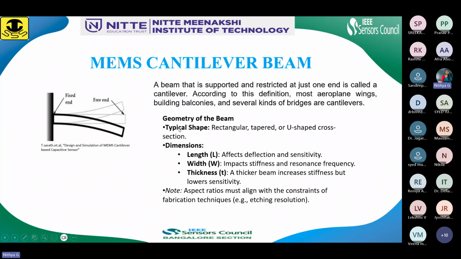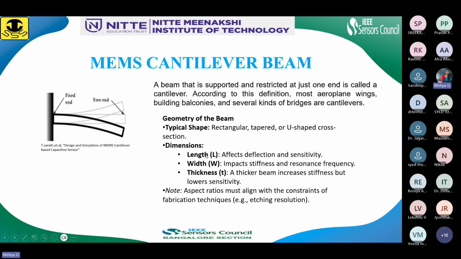What dimensions are required to understand in a cantilever beam? As I explained, it is a rectangularly shaped device. So a rectangle has length, width, and thickness. As you optimize the dimensions, there are different impacts on the cantilever beam.